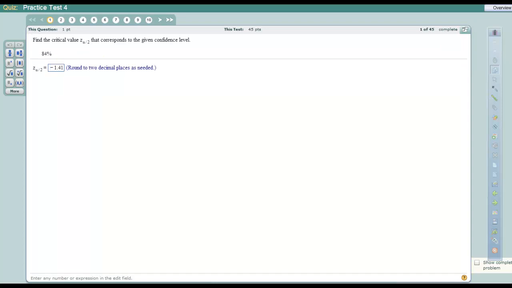Well, that's going to send the whole thing in. All right, we got Z alpha over 2. And here it says this one corresponds to alpha equals 0.08. So again, if alpha is 0.08, for the critical value we're looking for the Z value that has half of alpha in the tail, right?